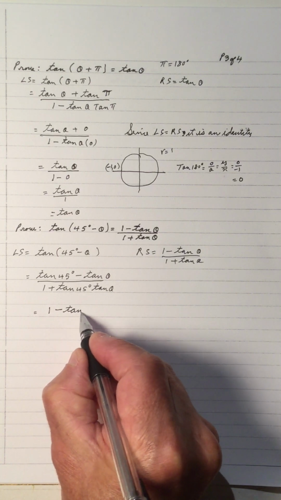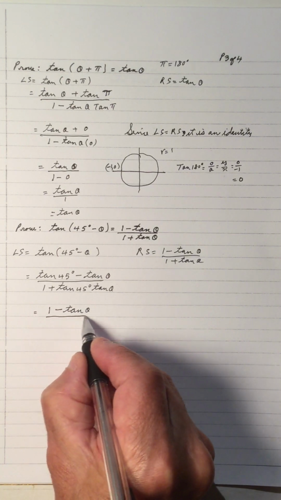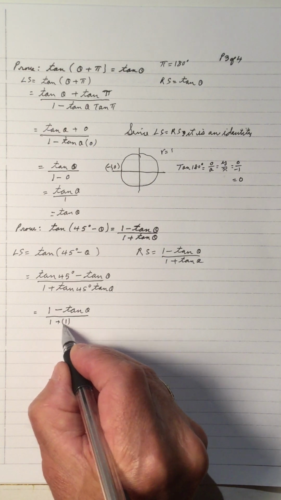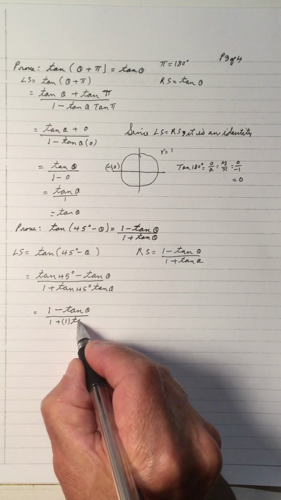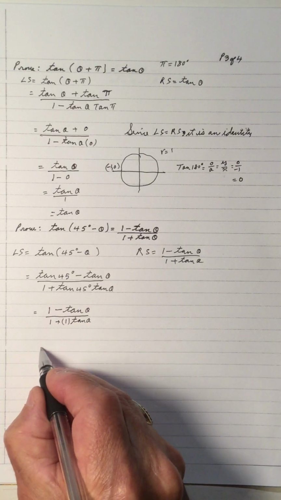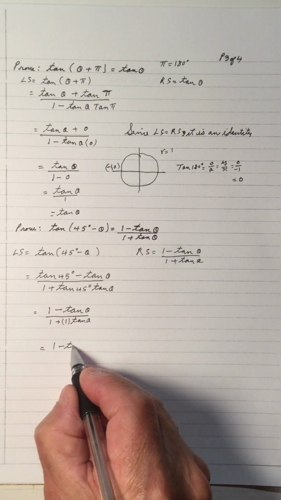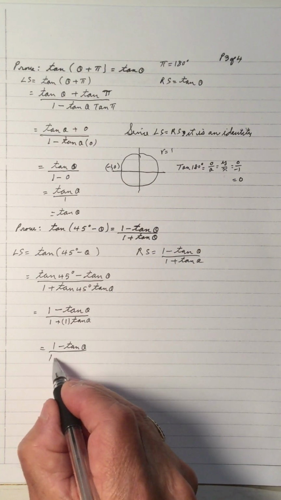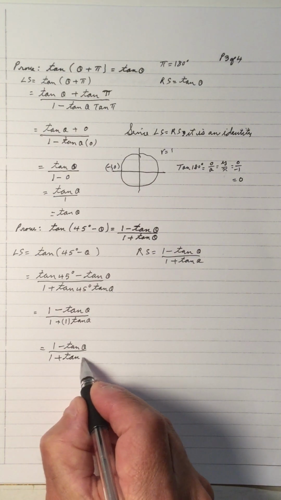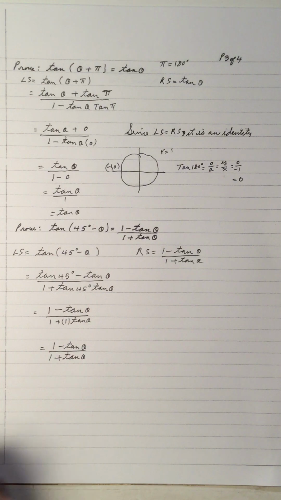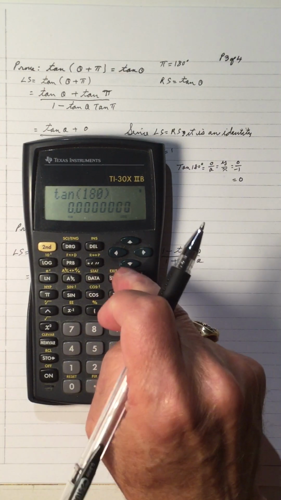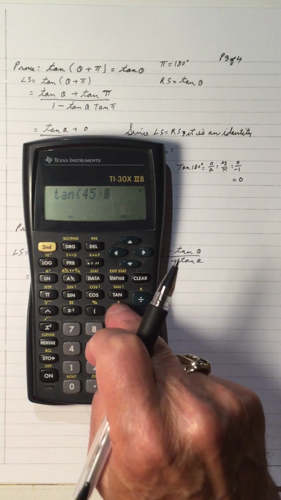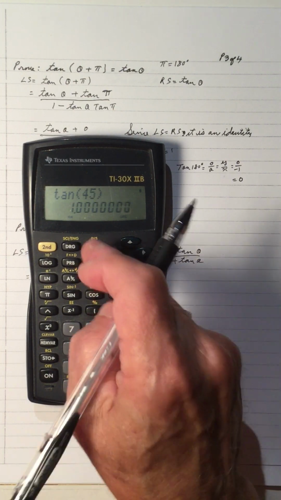So that's 1 minus tan theta, and again, the tan of 45 is 1, times tan theta. So that gives us 1 minus tan theta, which is what's here, over 1 plus tan theta. And just to show that on a calculator, the tan of 45 degrees is 1.